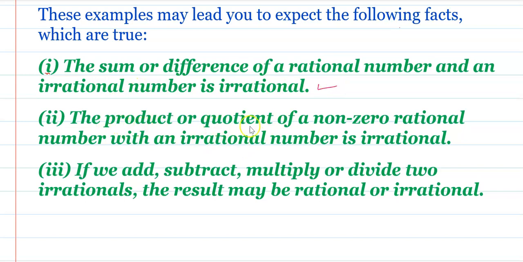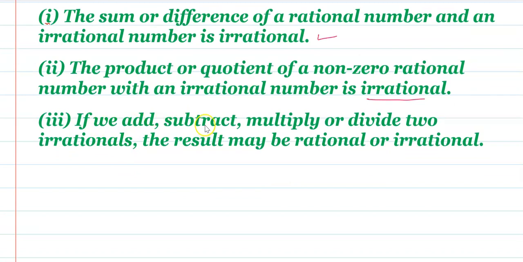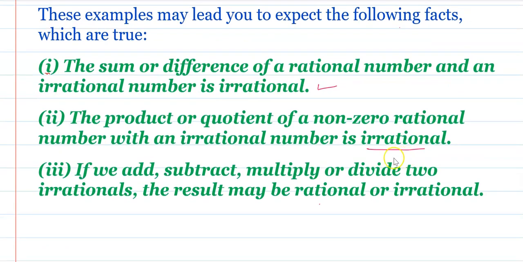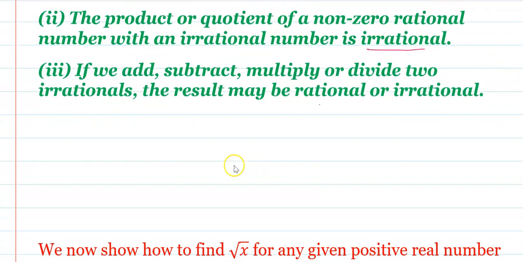The product or the quotient of a non-zero rational number with an irrational number is also irrational. If we add, subtract, multiply or divide two irrationals, the result may be rational or irrational.